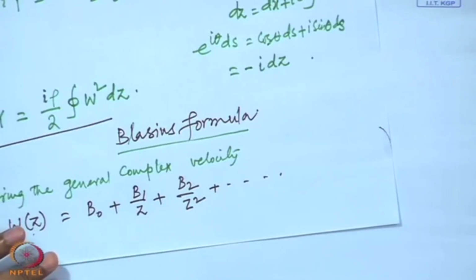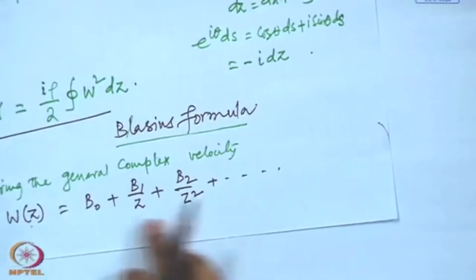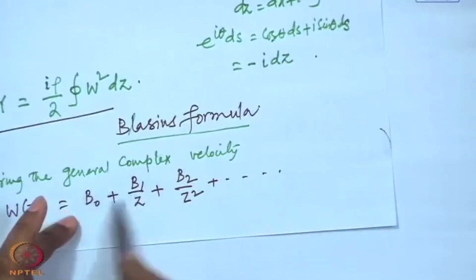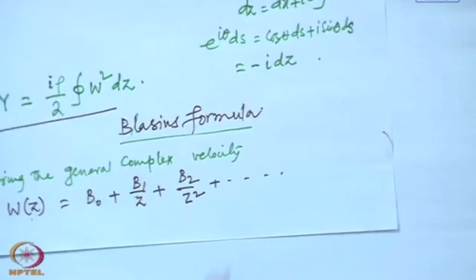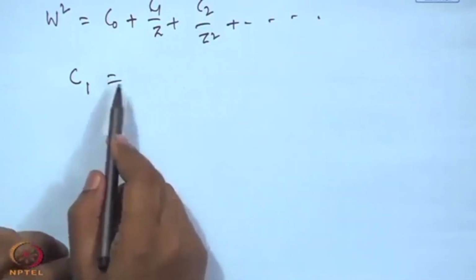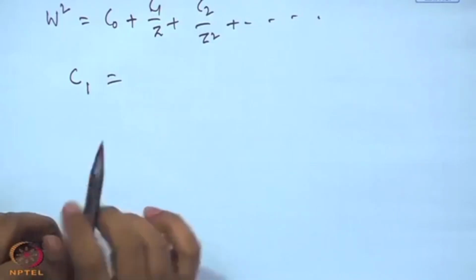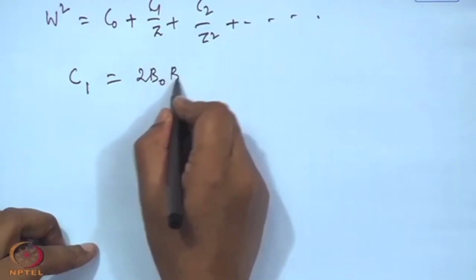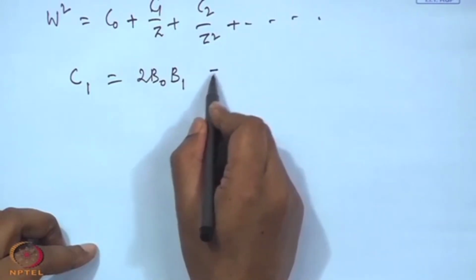That is what is going to give us 1 by z, nothing else is going to give us 1 by z. Each of these terms will be squared or they will be multiplied by 2. So, only these two will be multiplied and that will give us the cross term. So, coefficient C 1 is only 2 B 0 B 1. And how much is that?